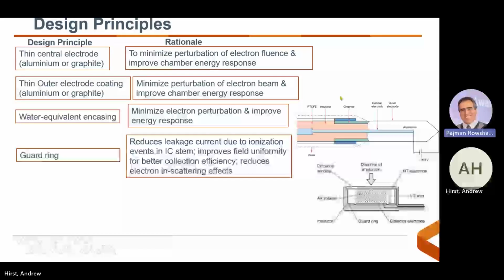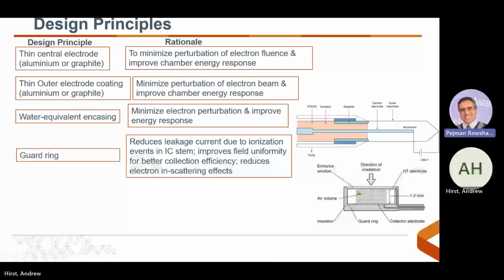This one might be a little more difficult to understand, but basically, if we have water all around our ionization chamber, there'd be a uniform scatter produced in all directions. But because of the presence of the ionization chamber, and it's filled with air, we have less scatter coming out than what's coming in.